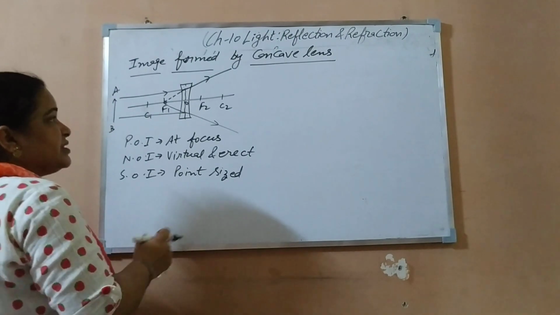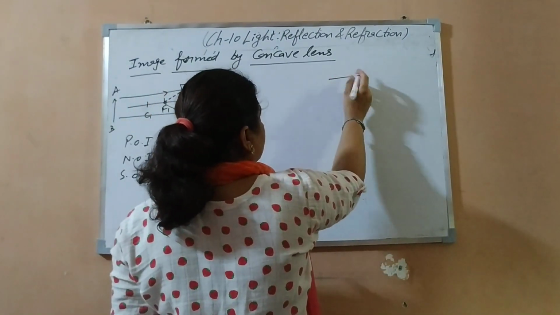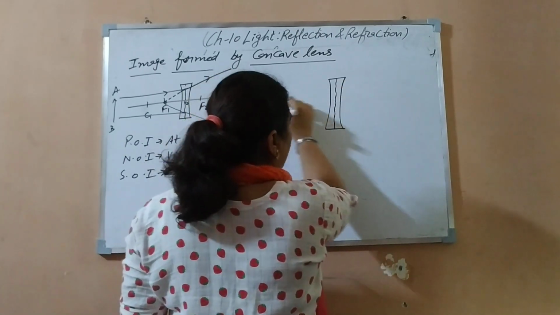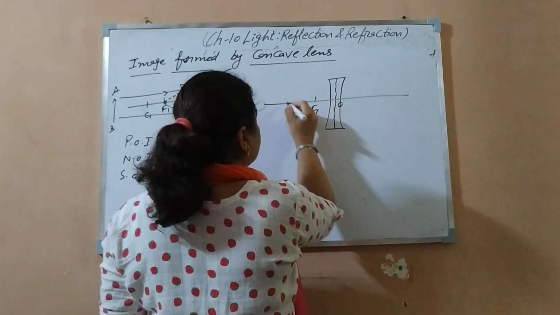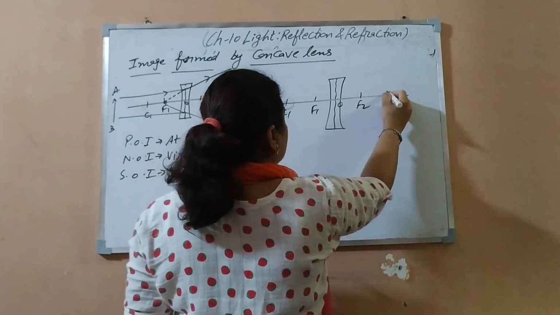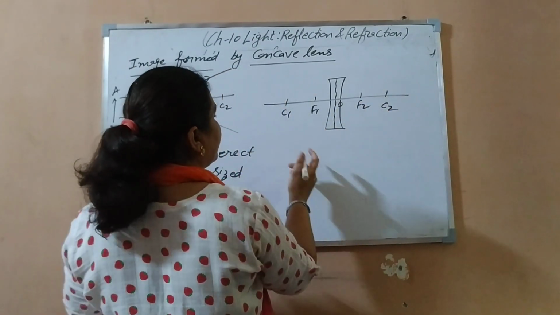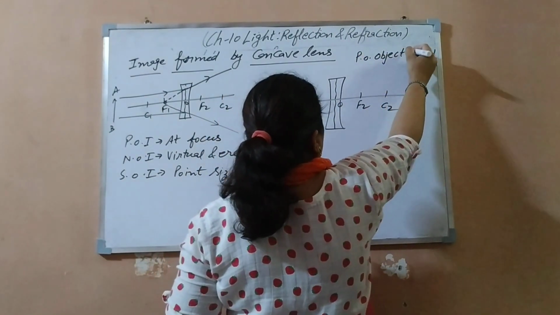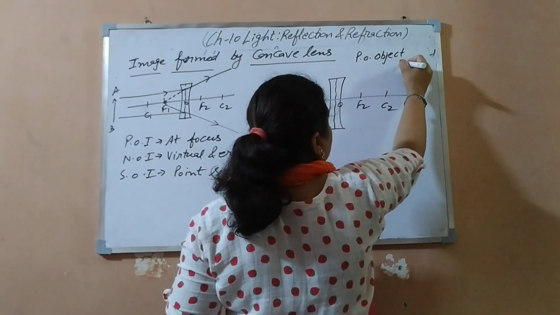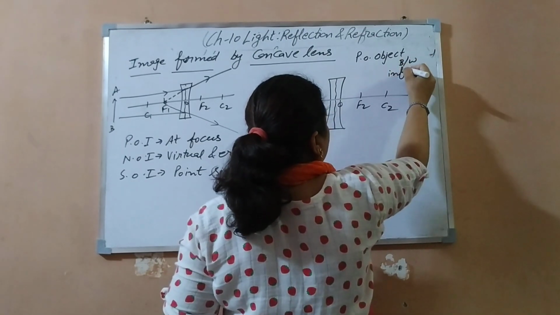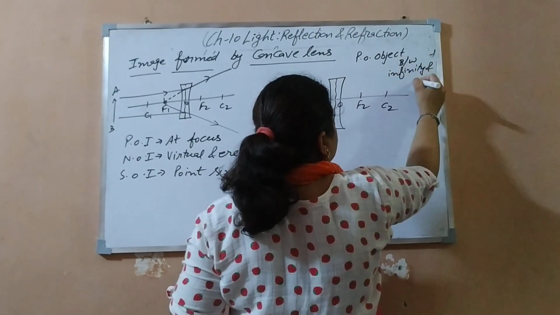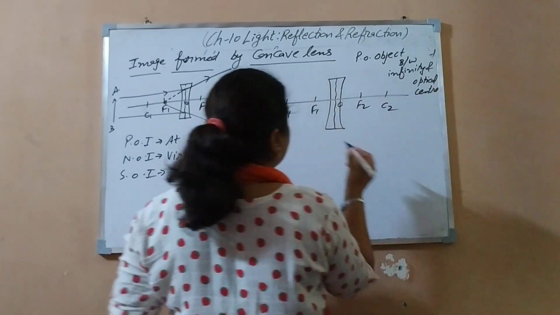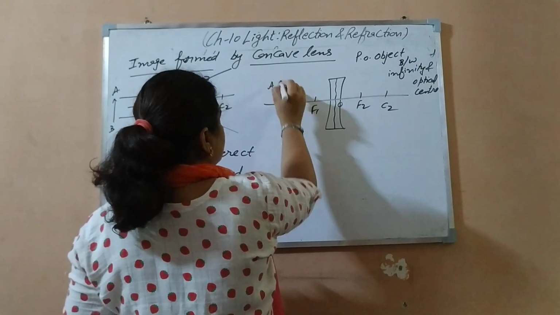Now where will we situate the object? Anywhere in between, we have to make a thin lens. So the optical center is there. F1, C1, F2, C2. Now the second case: the position of the object is between infinity and optical center of the lens. Anywhere we situate it, AB.